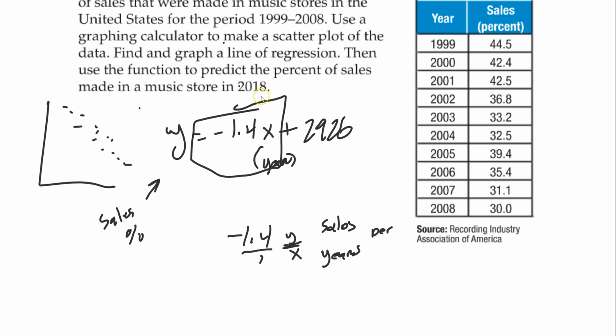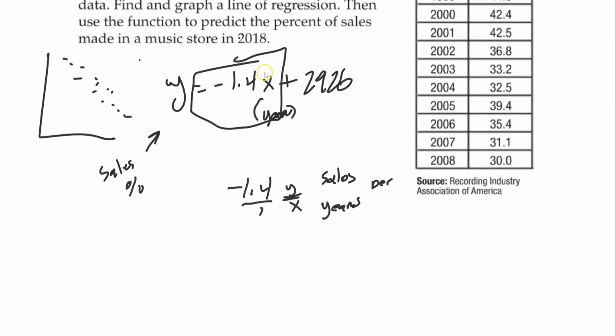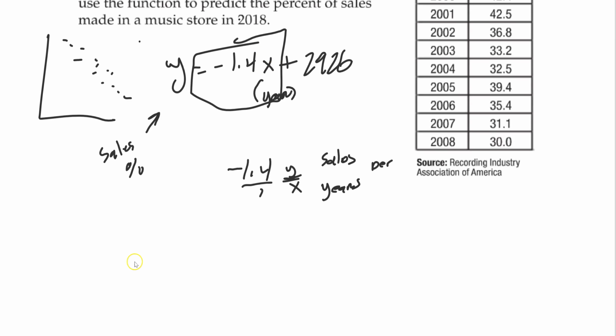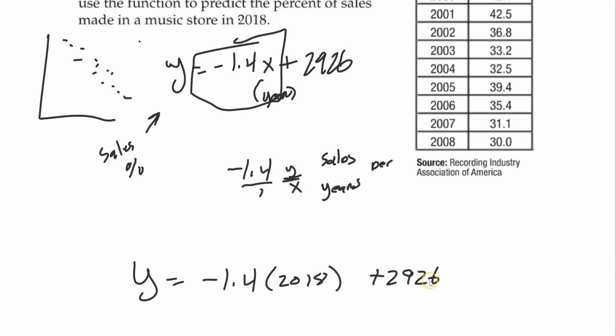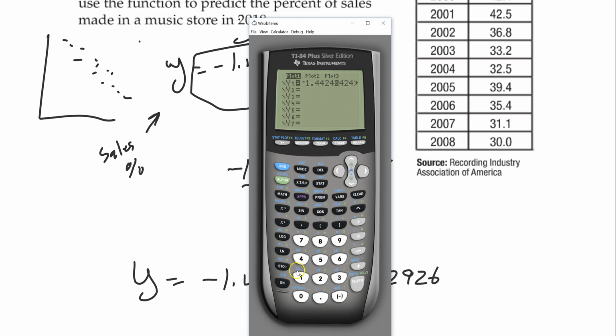Anyway, now they want me to predict the sales in the year 2018. So all we've got to do is sub that in. So y is going to equal negative 1.4 times 2018 plus 2926. Plug that into our calculator.